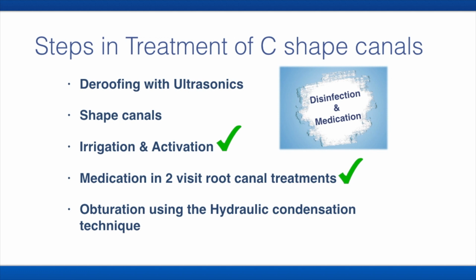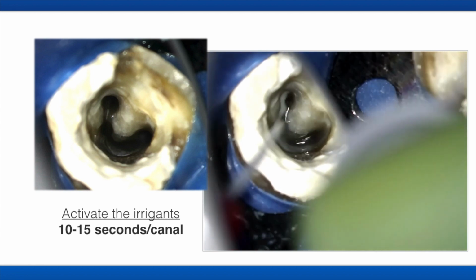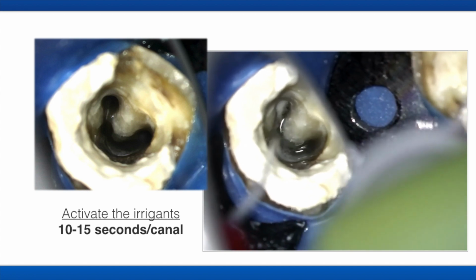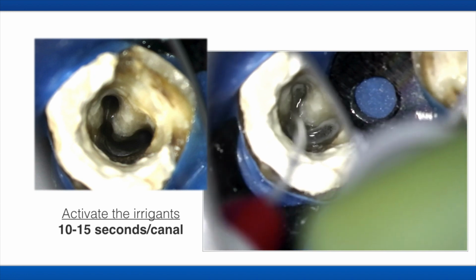We just spoke about the steps of shaping the canals. I spoke about the importance of activating your irrigants, so let me show how I use the EndoActivator. I'm going to activate for 10 to 15 seconds per canal, as you can see. We have 3 canals connected with an isthmus.